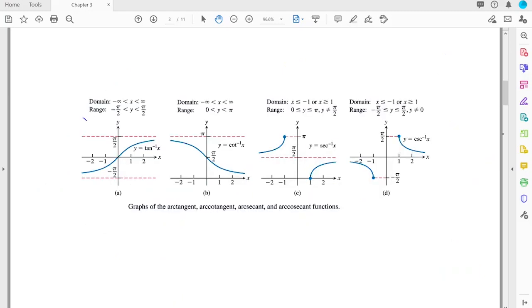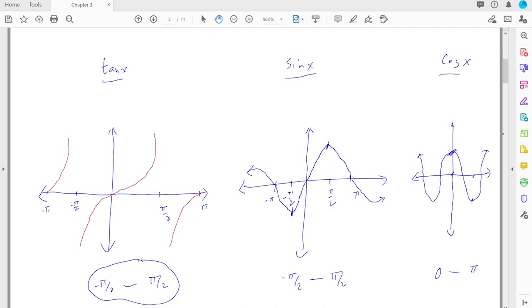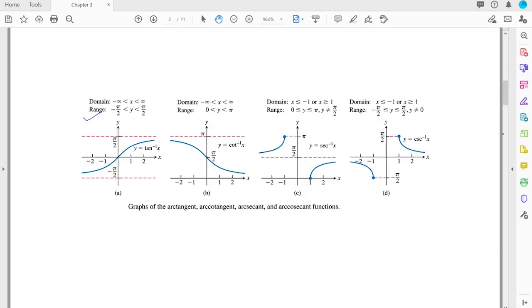That's why the range is from negative pi over 2 to positive pi over 2 for the inverse function. Inverse means opposite. Here, if we restrict the domain of the tangent function from negative pi over 2 to positive pi over 2, these are the domain for this respective function. That will be the range for the tan inverse function, cosecant inverse function or secant inverse function.